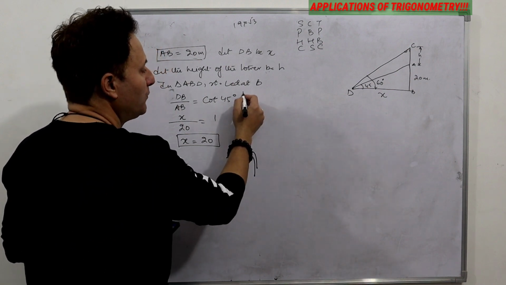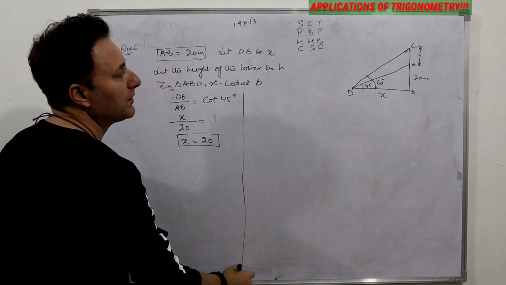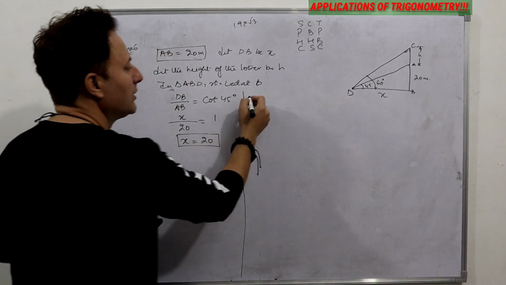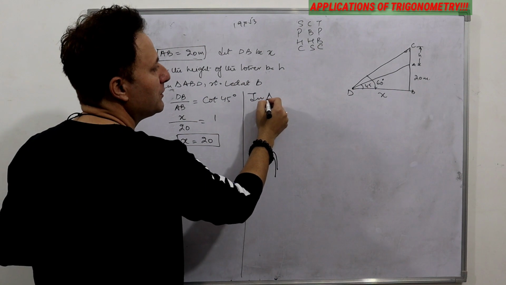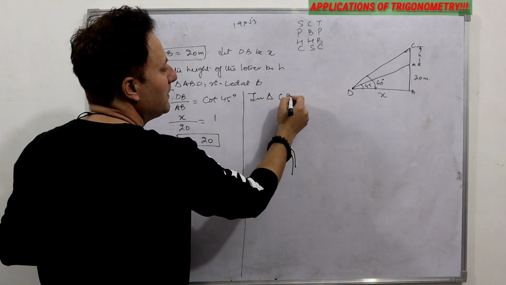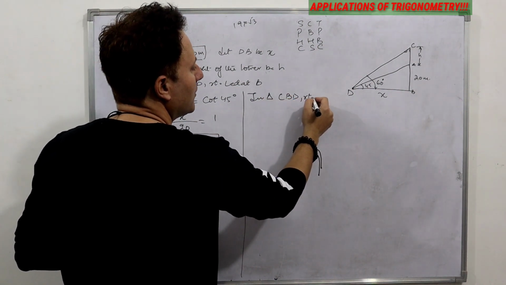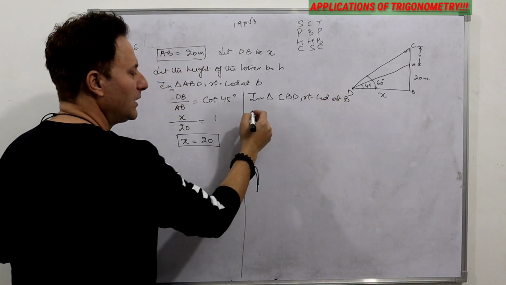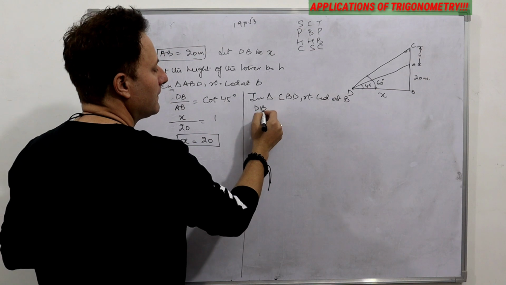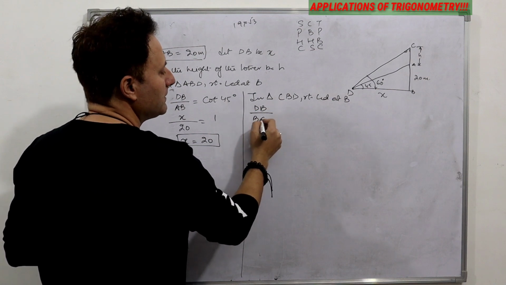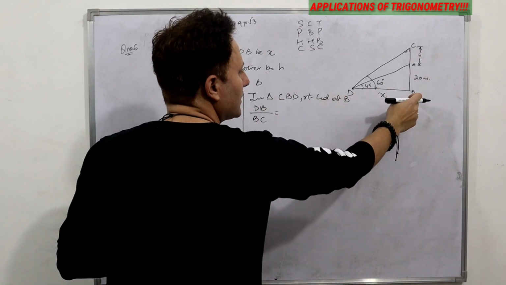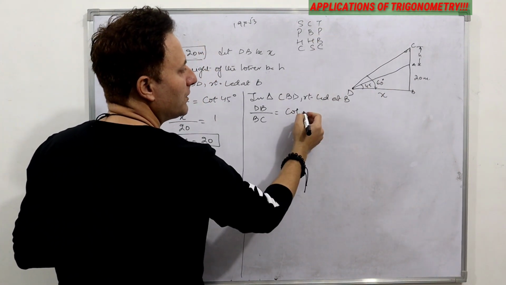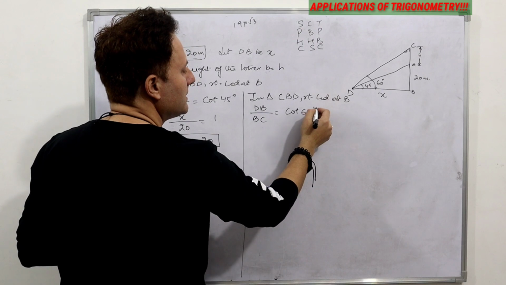Now what we are actually trying to find is the value of h. So now I'll take the bigger triangle. In triangle CBD, right angled at B. Now DB upon BC, that is base upon perpendicular, is cot, and the angle is 60.